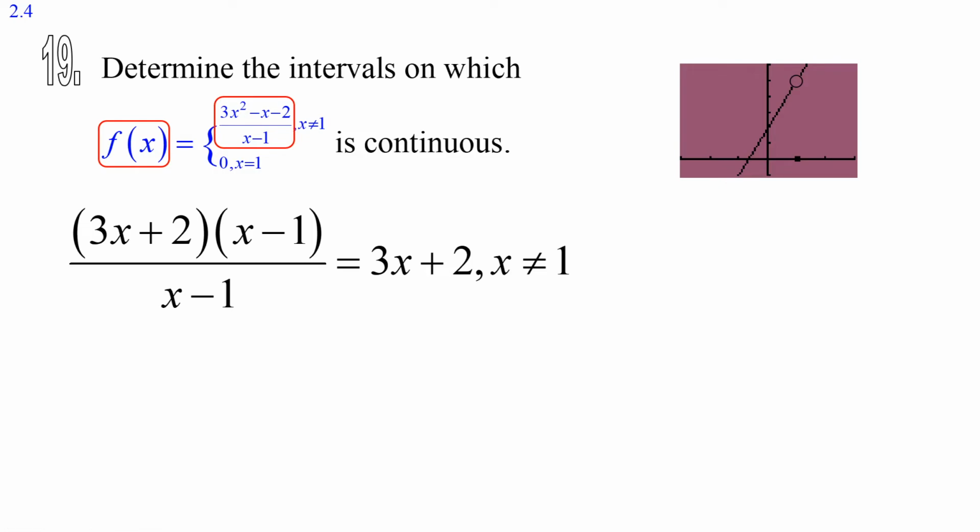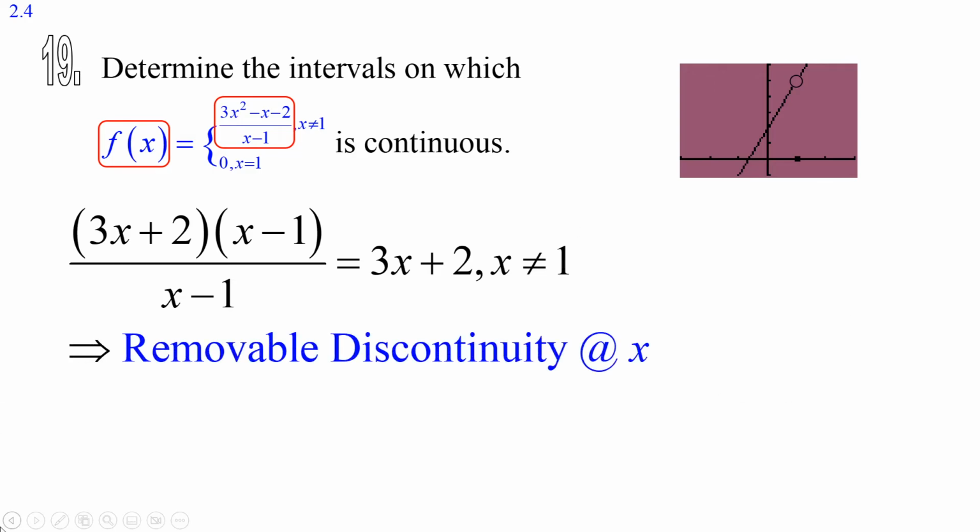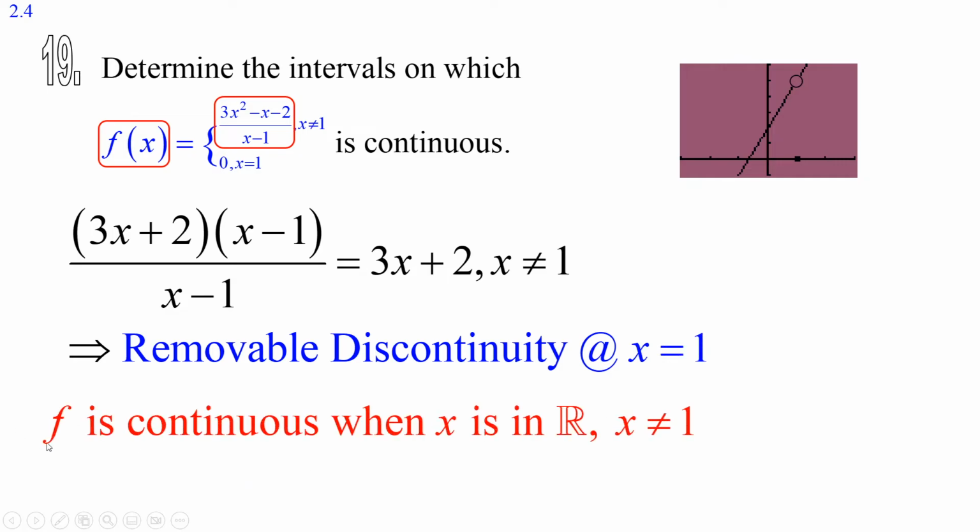It's continuous for all real numbers except when x equals 1. So this is a removable discontinuity at x equals 1. And I want to say it like this. F is continuous when x is in the real numbers as long as x does not equal 1. That's what I'm looking for.